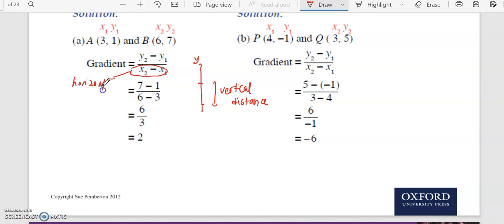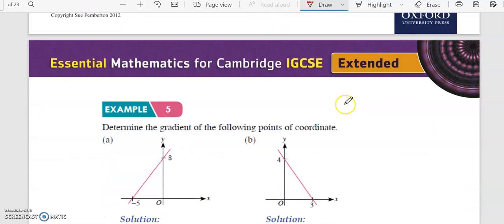Okay, so that is how we derive the formula for gradient. Vertical distance divided by the horizontal distance. Okay, so if you are given points of coordinates, you just substitute into the formula, and then you will get the value for gradient. This is a positive gradient and this one is a negative gradient.